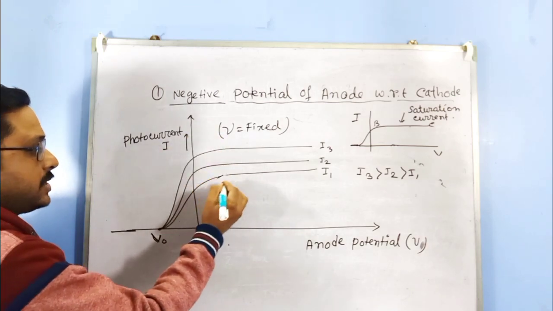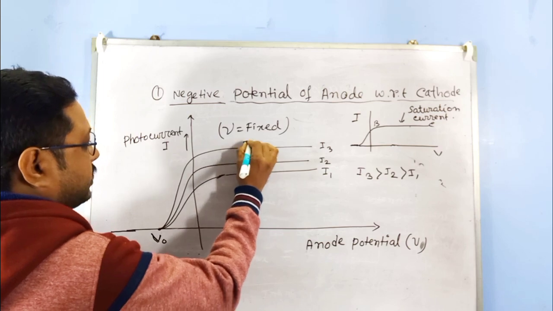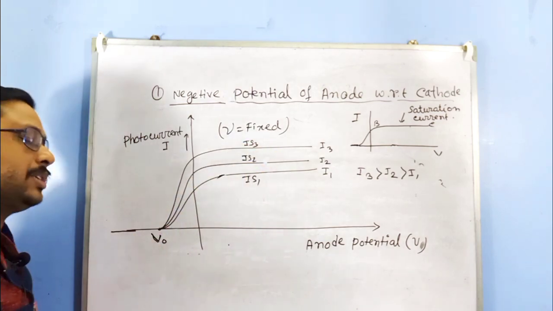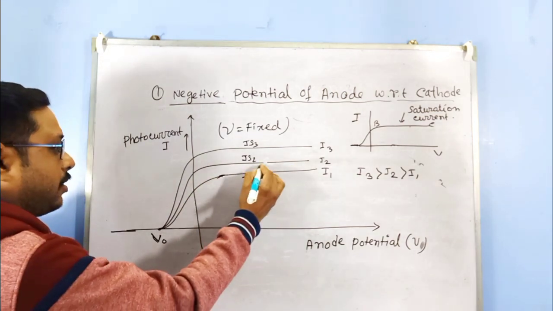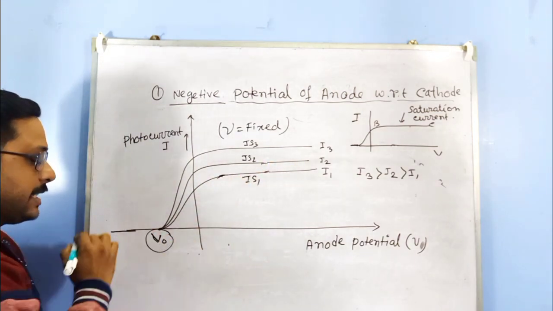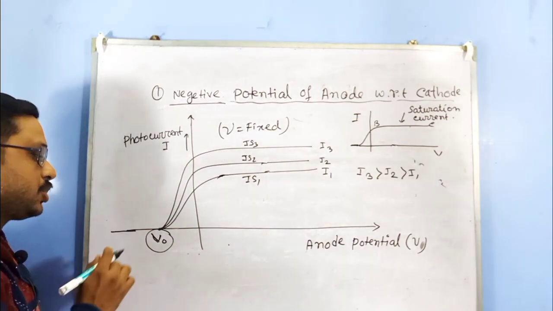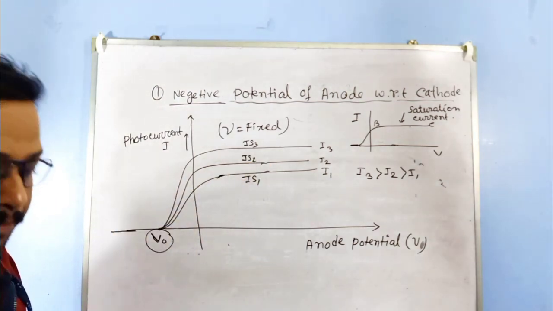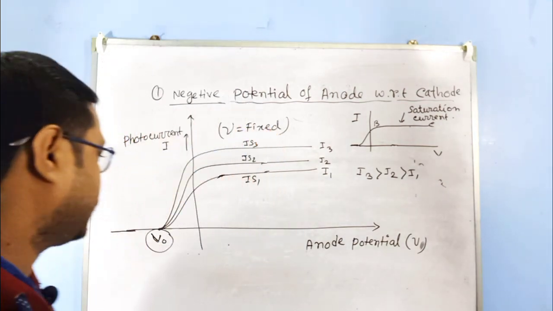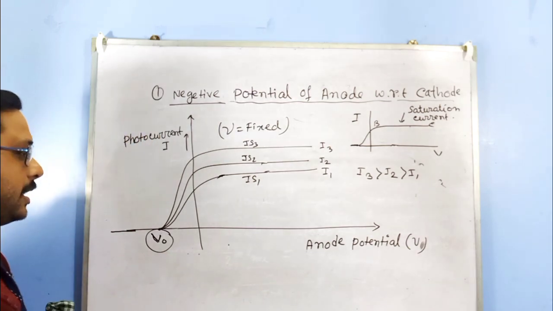So, if these are IS1, IS2, IS3, obviously IS3 is greater than IS2 and IS2 is greater than IS1. But this happens at the same stopping potential. So, the stopping potential does not depend on the intensity of light. This is the main outcome of the experimental evidence.